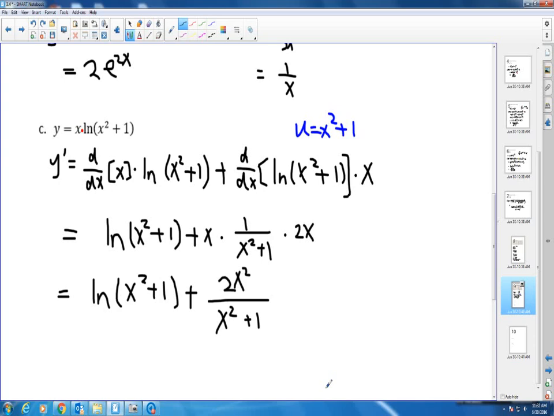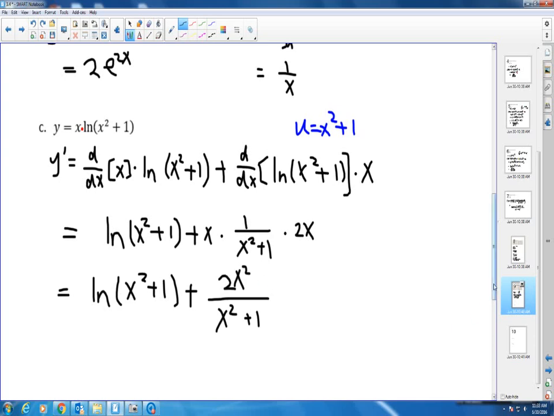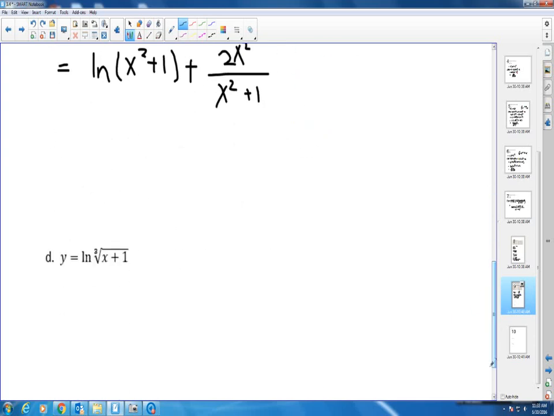Alright, so that was using product rule and the derivative of natural log together. Okay. Now, a little bit more complicated problem.